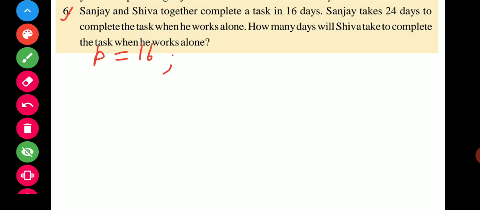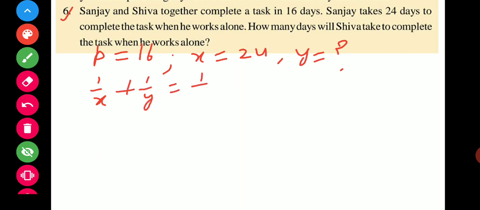And what about this? Sanjay takes 24 days, that is X is equal to 24 days. And the next one is Shiva, that is Y. So you can calculate it. Your formula is 1 upon X plus 1 upon Y is equal to 1 upon P. In that case, you can do this question very well.